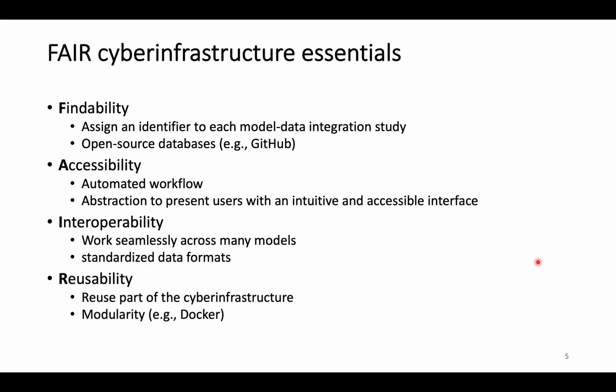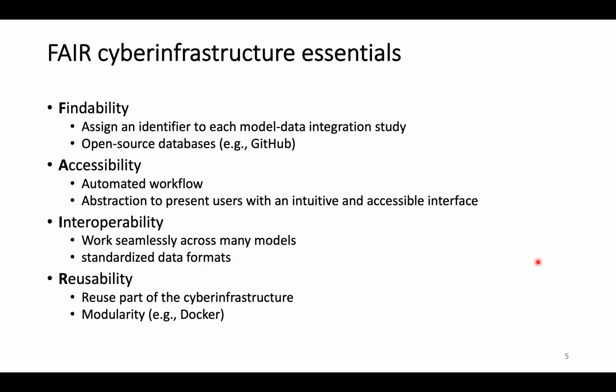We'll start from FIRE essentials, which represent fundable, accessible, interoperable, and reusable. For good scientific practices, both research data and software should follow the FIRE principles to allow for replicability, reproducibility, and reusability.